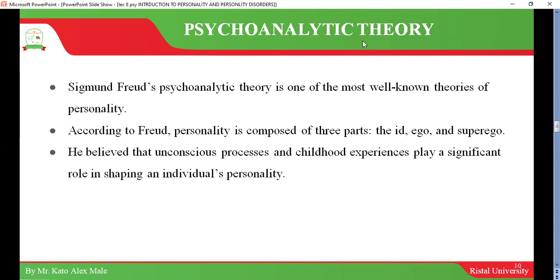These three parts manage a lot of how we respond to certain situations. He believed that unconscious processes and childhood experiences play a significant role in shaping an individual's personality. You get it? So this theory is one of the most well-known theories of personality.